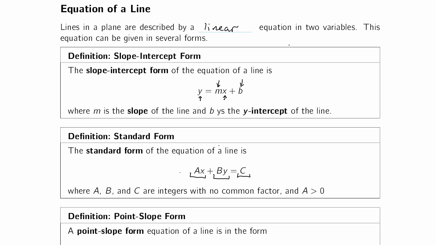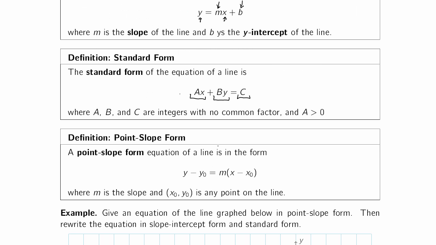The third form of a line that I think that many of us tend to forget, but it's incredibly useful to know, is the point-slope form of a line. And notice I said the standard form and the slope-intercept form, but only a point-slope form.